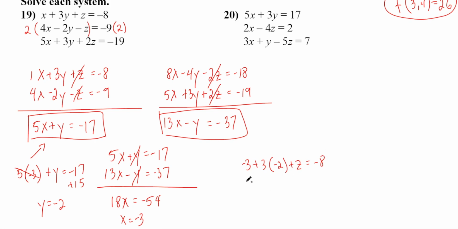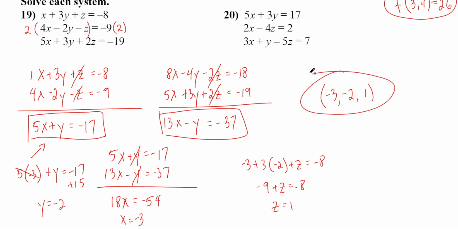Just do the math. Negative 6 minus 3 is negative 9. Add 9 to both sides. Negative 8 plus 9 is 1. There you go. Put them all together and how do you write it? Negative 3, negative 2, positive 1. And there you go.